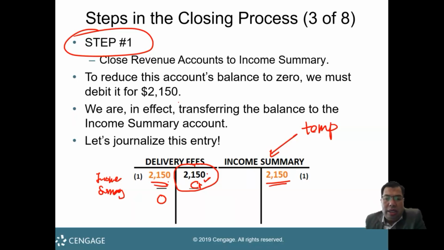In that case, the balance will be 0. You are transferring the balance of delivery fees from the individual delivery fees account to the income summary ledger. So this will be your 2,150.